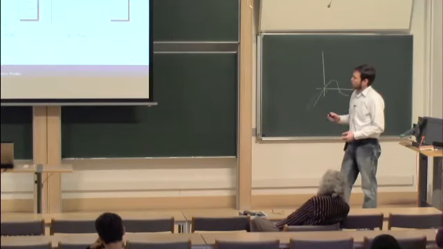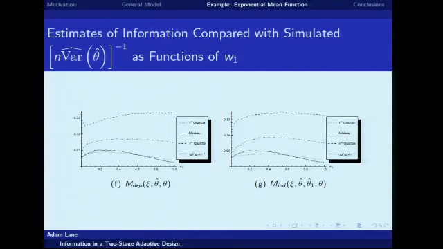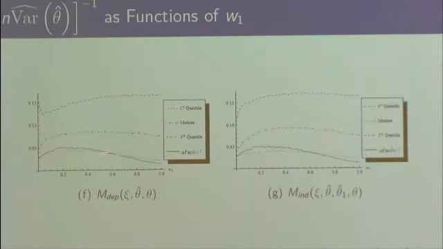In this plot, we try to get an idea of how much is actually being accomplished by considering the dependent measure versus the independent measure. The black line is the inverse of the variance of the simulations, compared to the quartiles of each of these estimates.